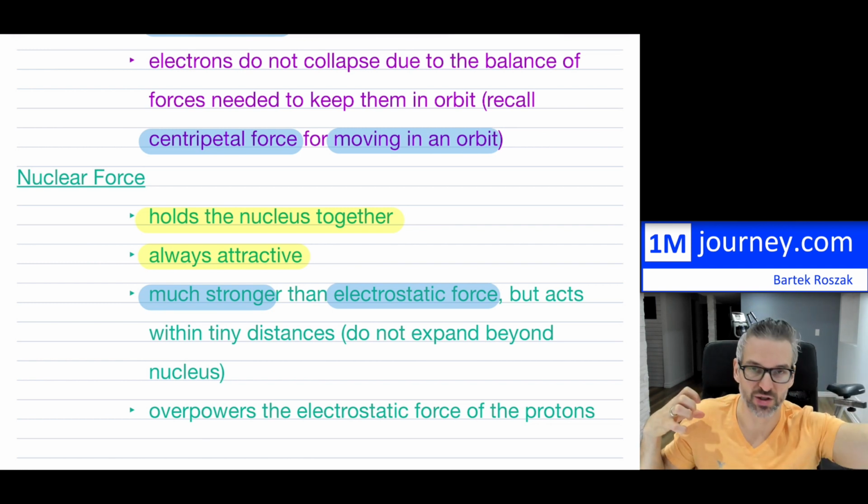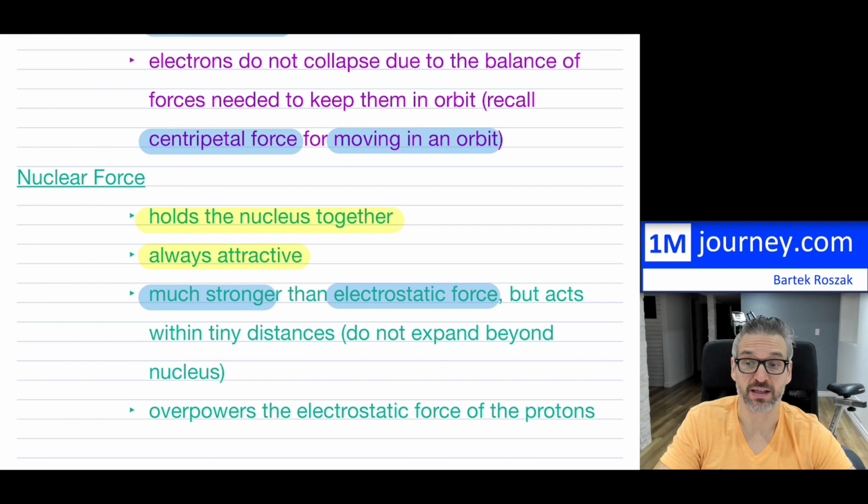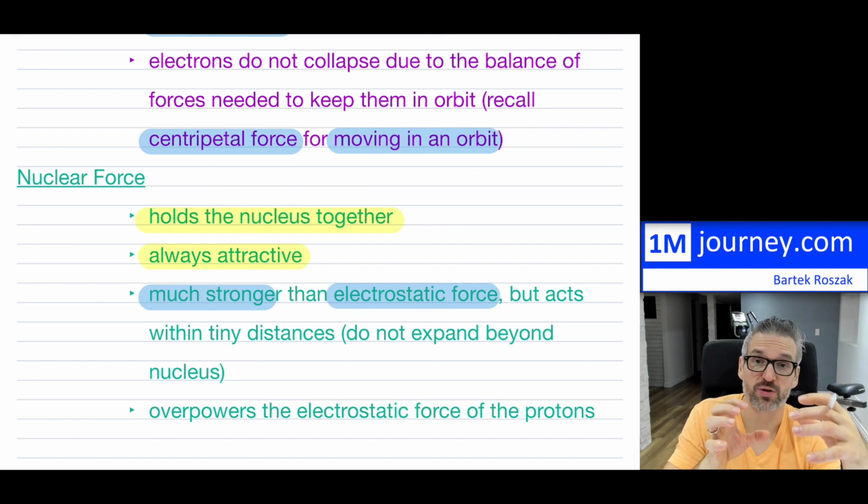Why aren't they just completely shattering out of the nucleus? Well, the reason is because you have these nuclear forces that completely overpower the electrostatic force within the nucleus. So it is much, much greater than the electrostatic force, and that's why, although the protons are repelling against each other, the nuclear force, which is the attractive force, just keeps them in.